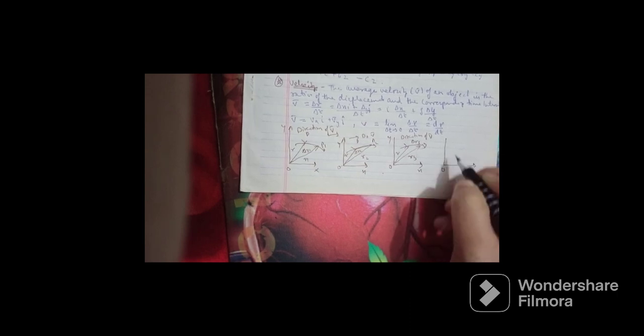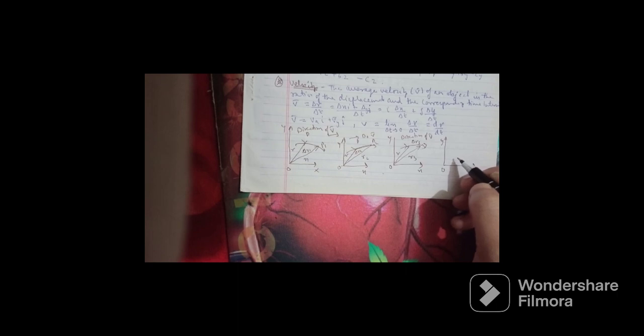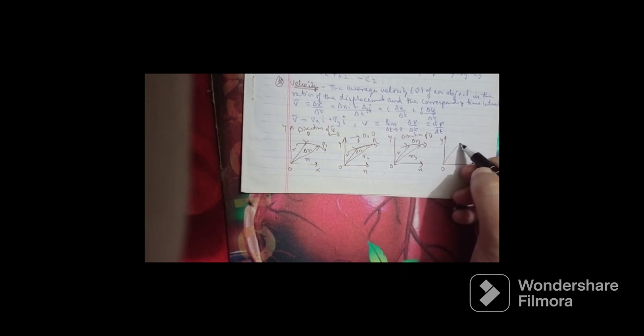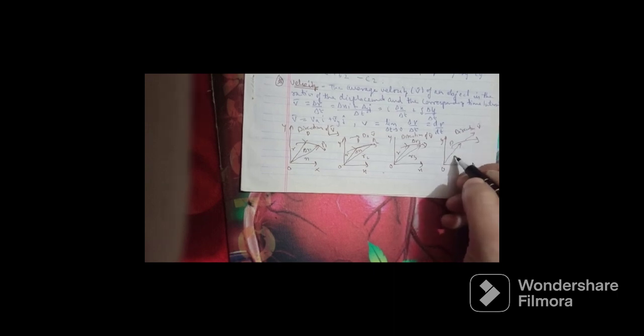Now we have another one, x, 0, y. This is the direction of v. This is P, this is r. So that is the graph that we have here, and that is what we will discuss as well. These were the terms under the velocity.